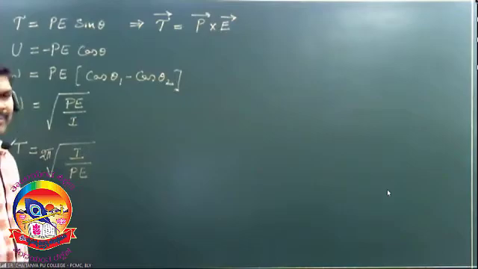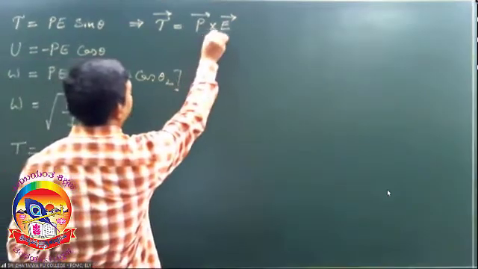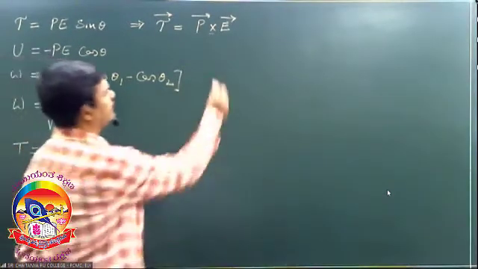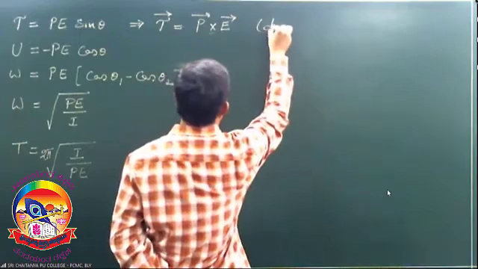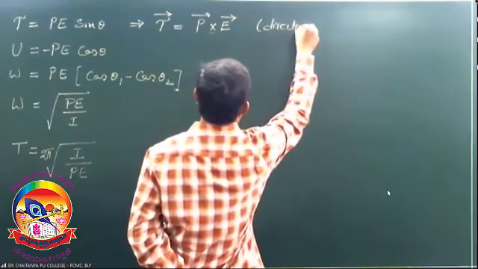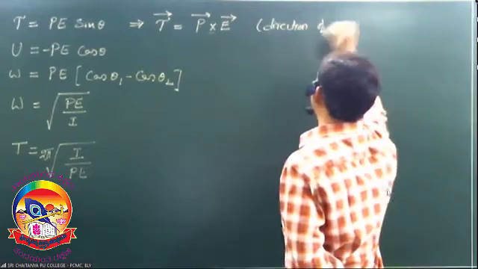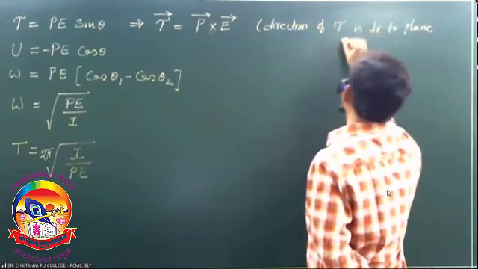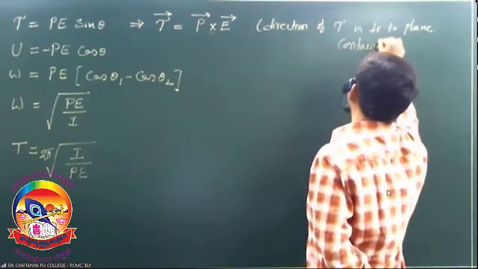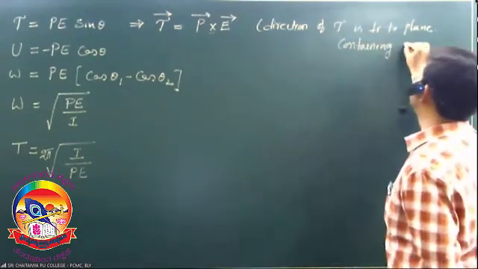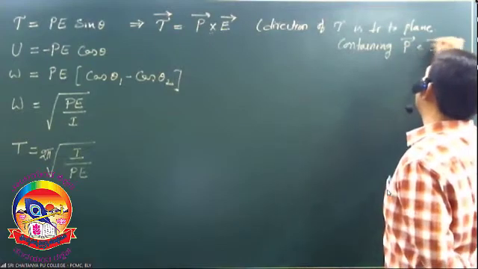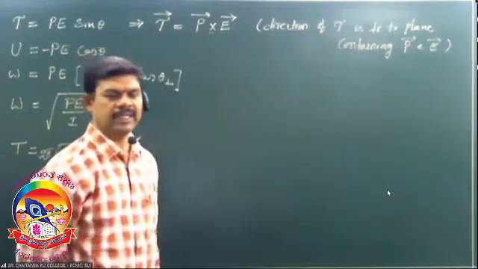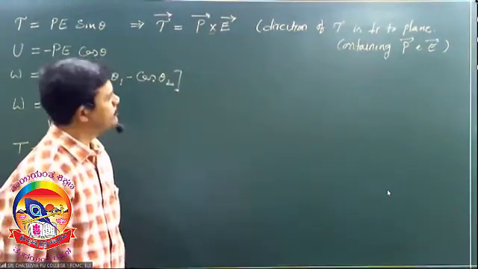Once it is a cross product, the direction of torque is perpendicular to the plane containing P bar and E bar. Already we studied in our first year how to find the direction of the torque, right?